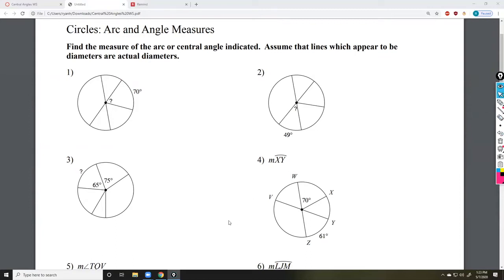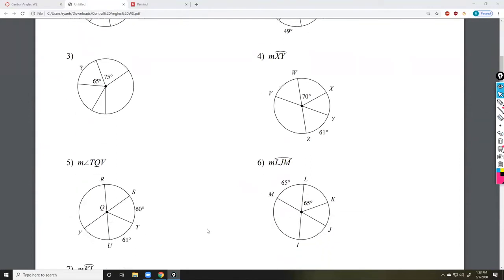Now, when you get to number 4, you're going to start using a little bit of a different idea. There's going to be two main ideas that you're going to be using. I'll list them out here. So two things you want to look for.